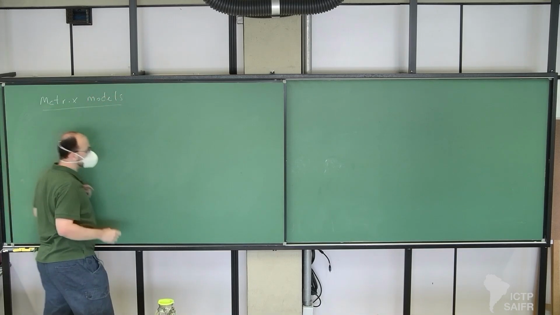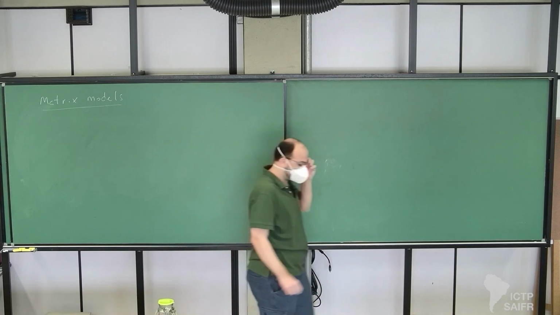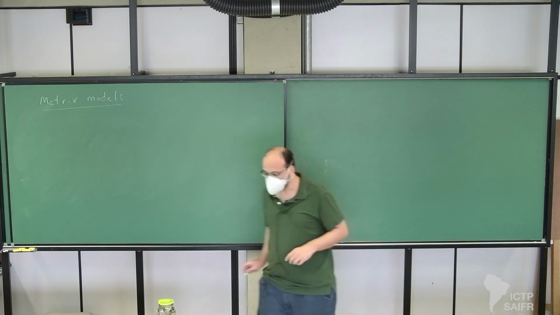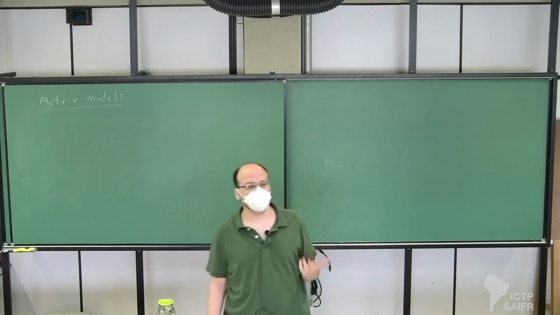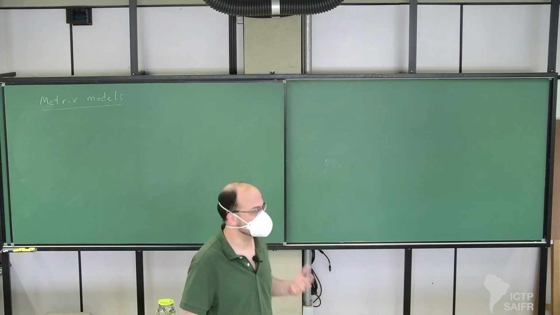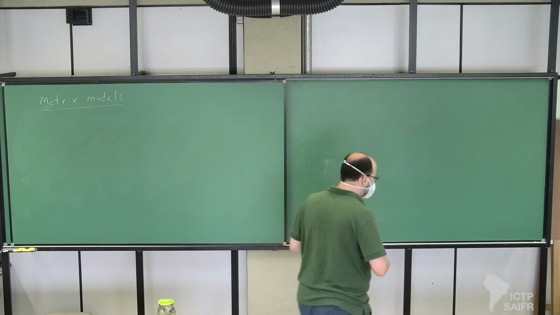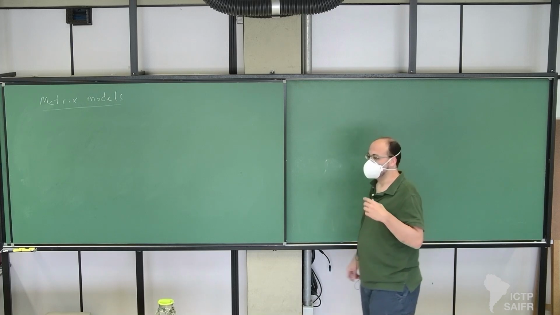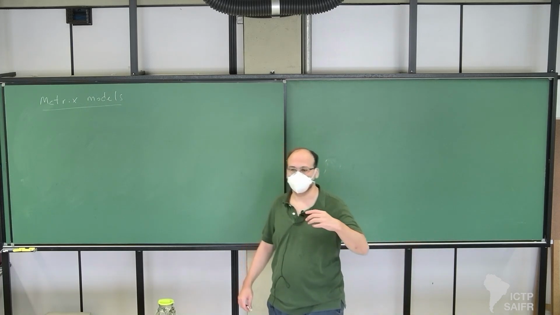And the idea of this is when you have a population that you want to take into account age structure, okay? So what is age structure, right? You have a population, but you subdivide the population according to age, okay? So you have juveniles, you have newborns.